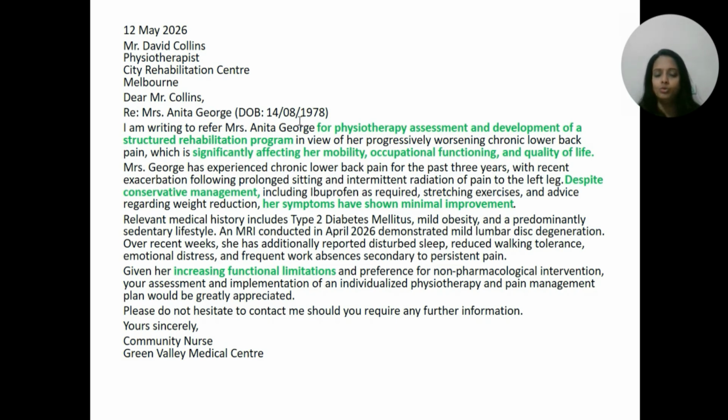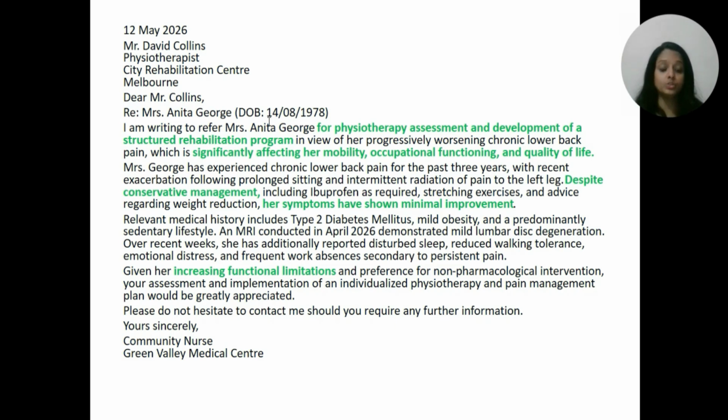And the next one, you can notice something important here. What I have written here, I did not copy every detail mechanically. Instead, the information that I've collected is organized, grouped, prioritized, and clinically connected. So that is exactly what high scorers do. For example, "increasing functional limitation." Can you see here? This one. Yes.